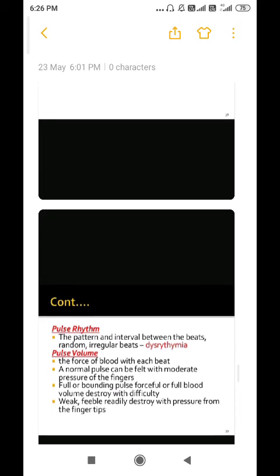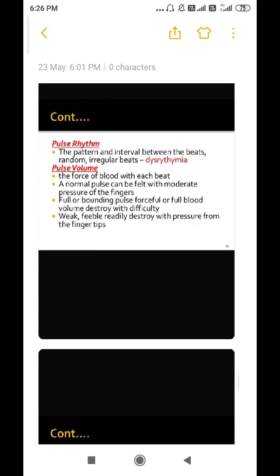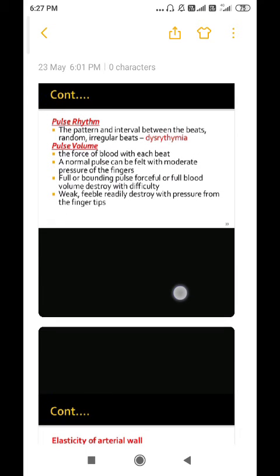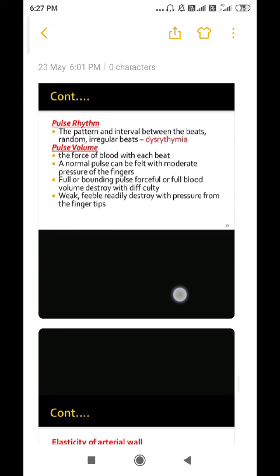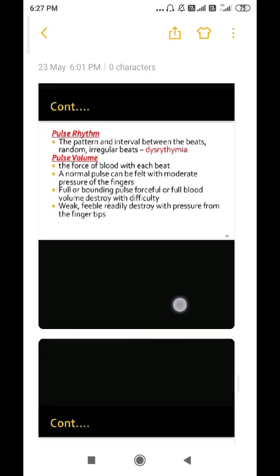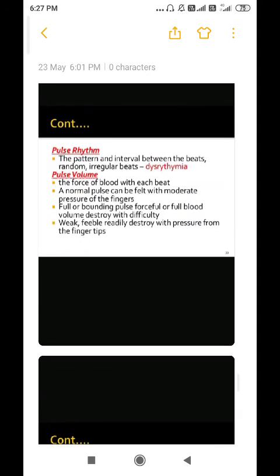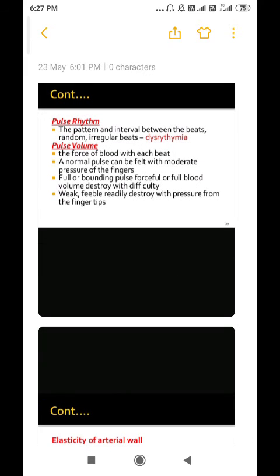Okay, and pulse rhythm. So what is rhythm? The pattern and interval between the beats. Random irregular beats are called dysrhythmia. Okay, and pulse volume, the force of blood with each beat.